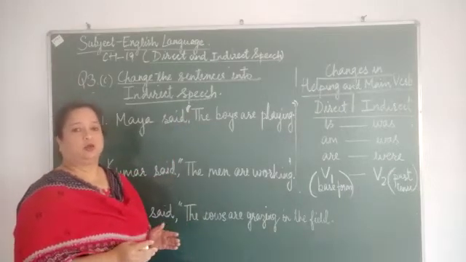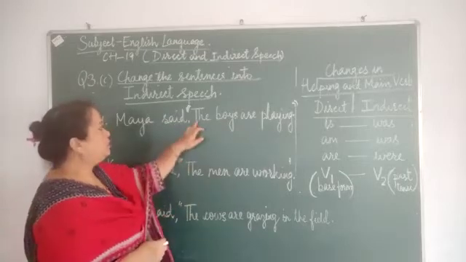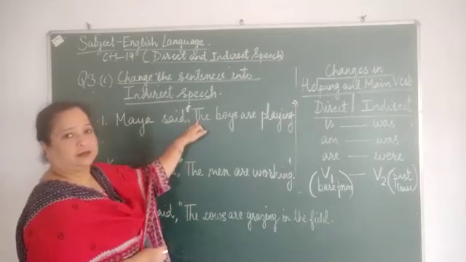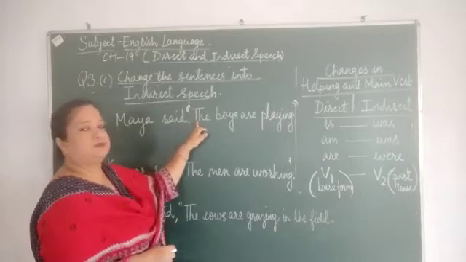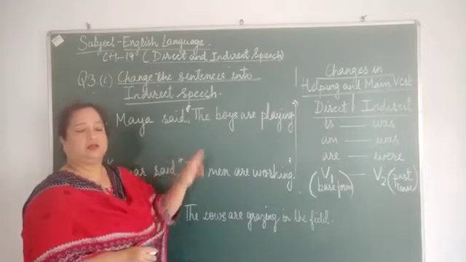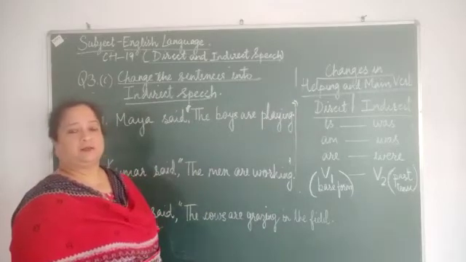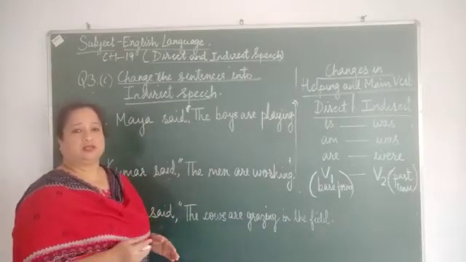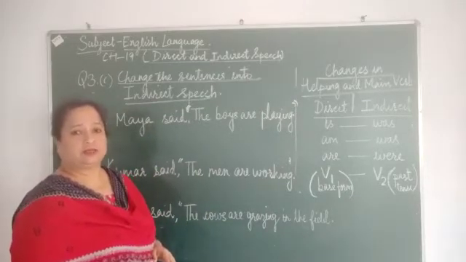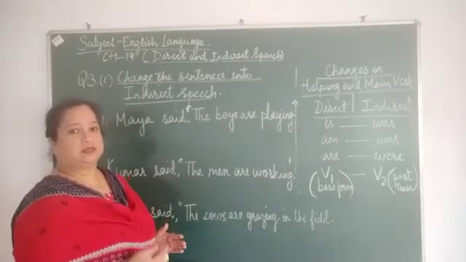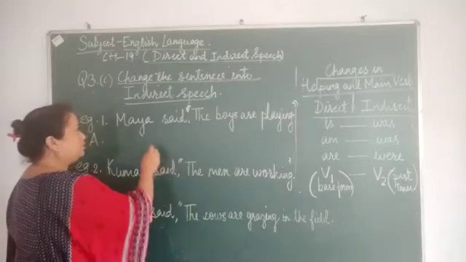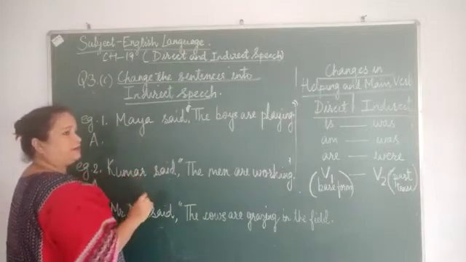We do not write the first letter in the capital form, but we replace it by the small letter. Then when we write the helping verb, we change the helping verb into the past tense, since indirect sentences are past tense sentences. Now let us have a look at the first sentence as I have read it to you.